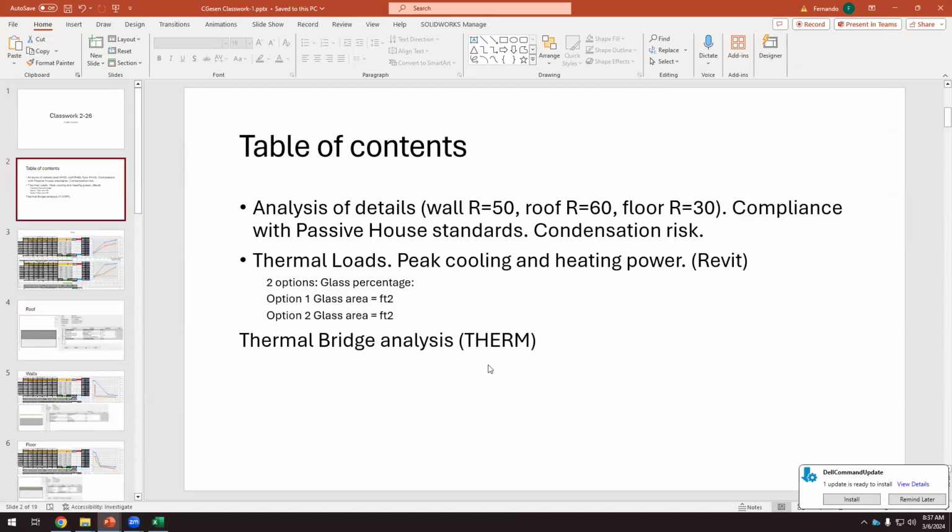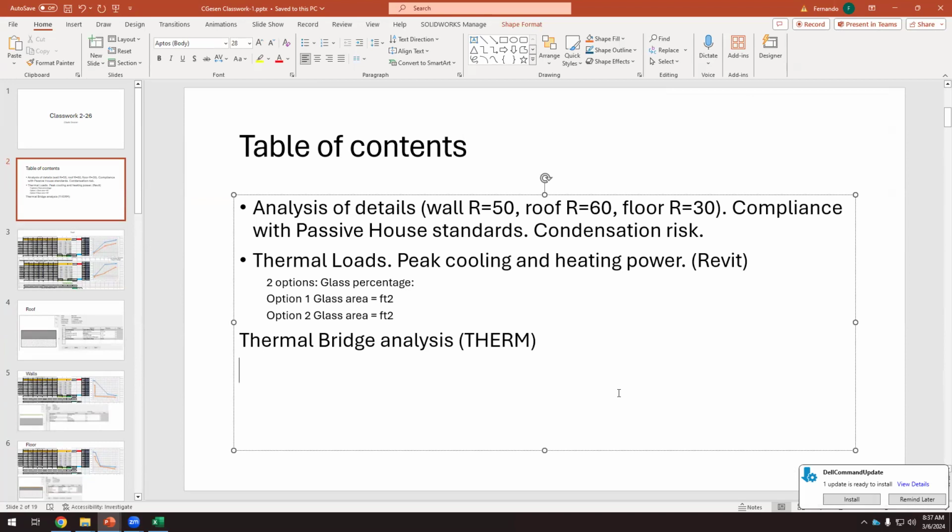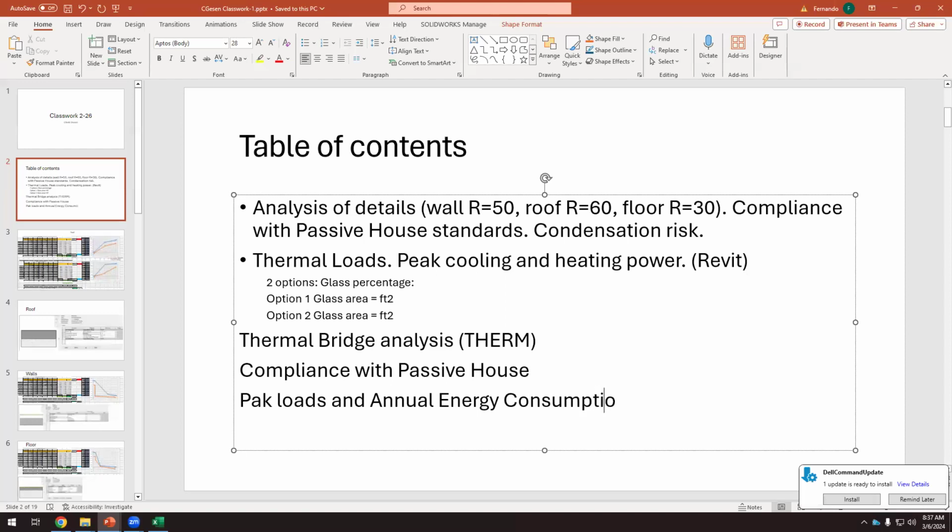What did we do first? This is the thermal bridge analysis. And now we have the compliance with Passive House in terms of peak loads and annual energy consumption.